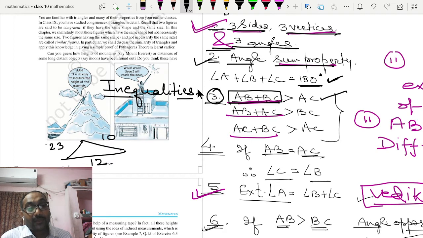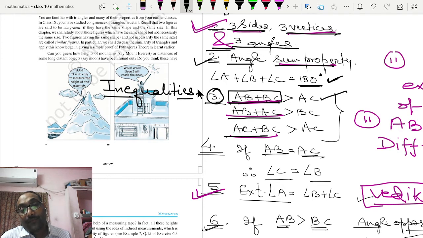It is not possible because 10 plus 12 is 22. So the third side will always be less than 22. Always be less than, not equal to, less than 22. So this statement says that sum of any two sides of a triangle is always greater than the third side.